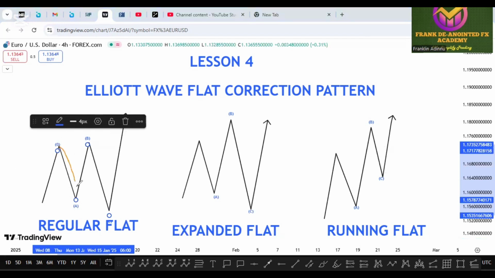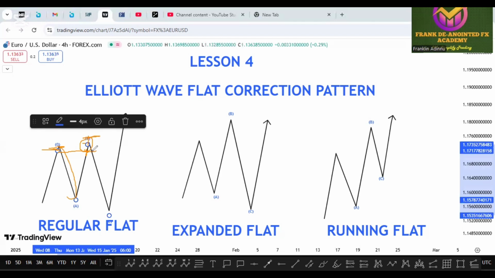Wave B will be equal to the start of wave A, or even a little bit above it, not too far, or even at 80 to 90% here. So once wave B stops between here, a little bit above or a little bit below, that's the region where wave B must come to a stop.